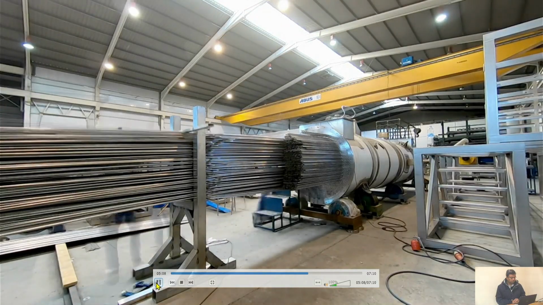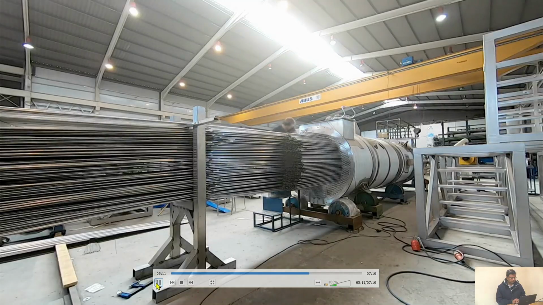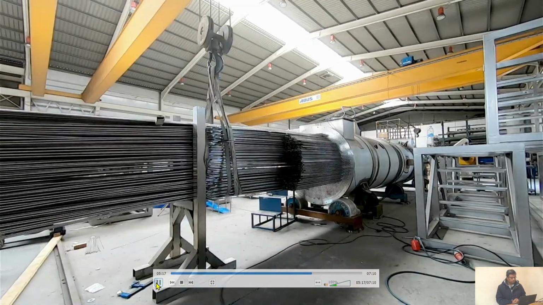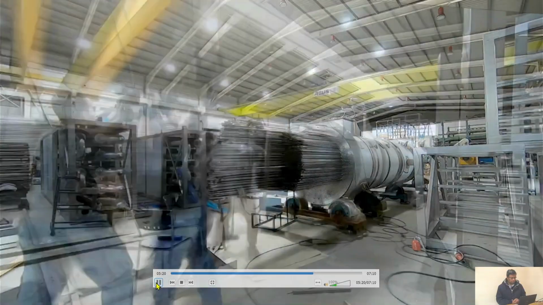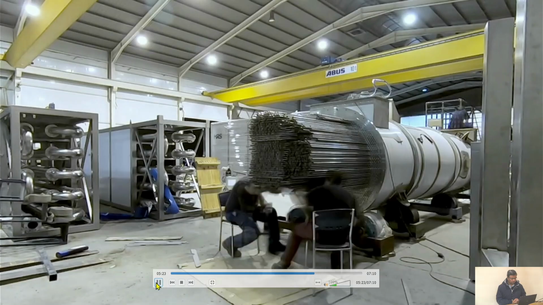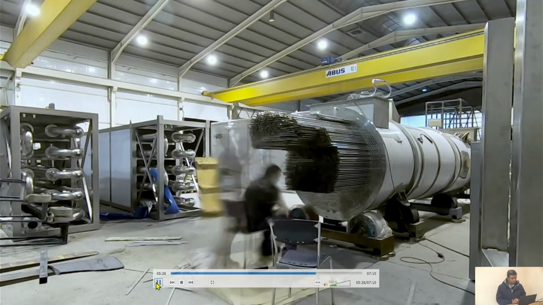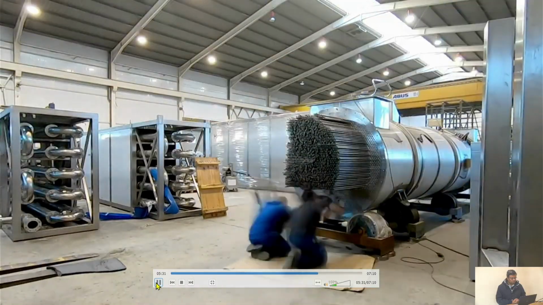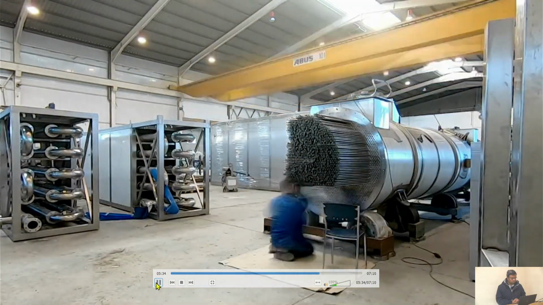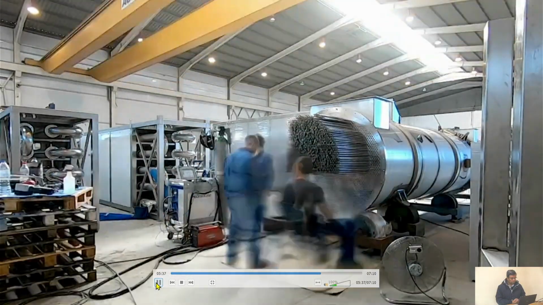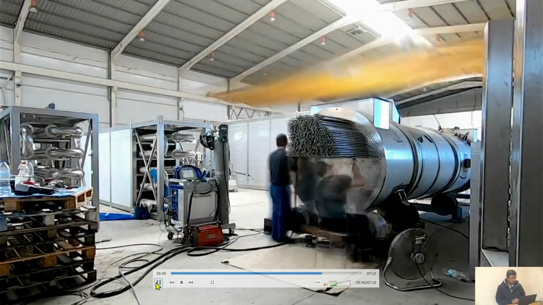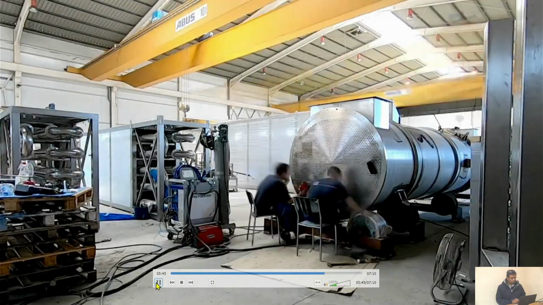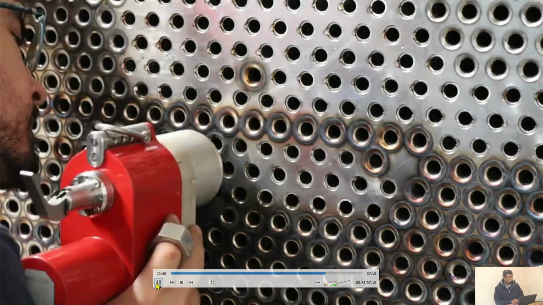The remaining tubes are inserted. When all the tubes are inserted, they're point welded to the tube plate.